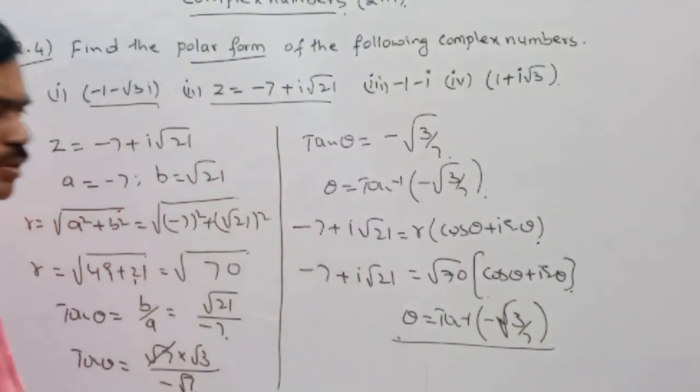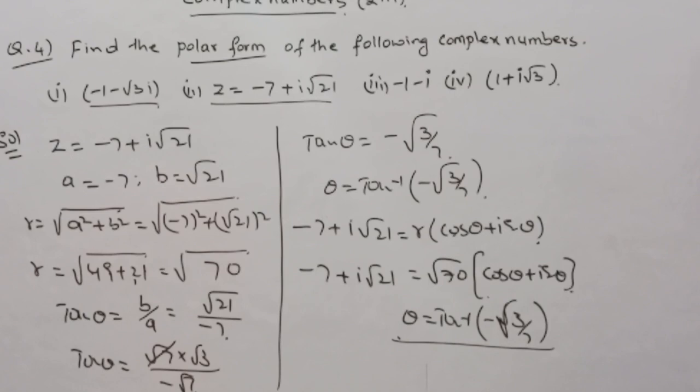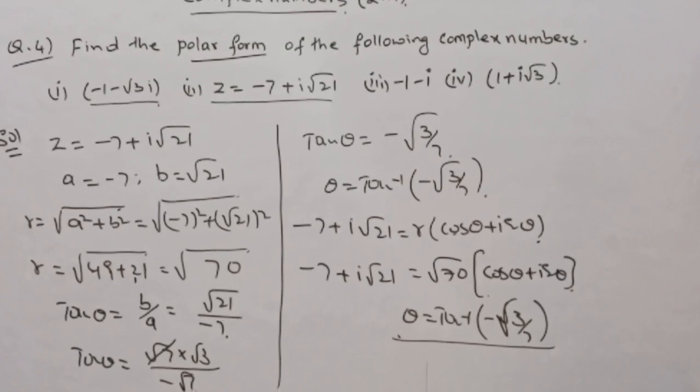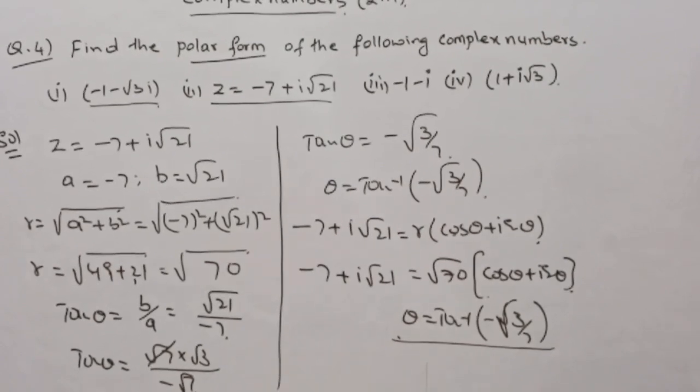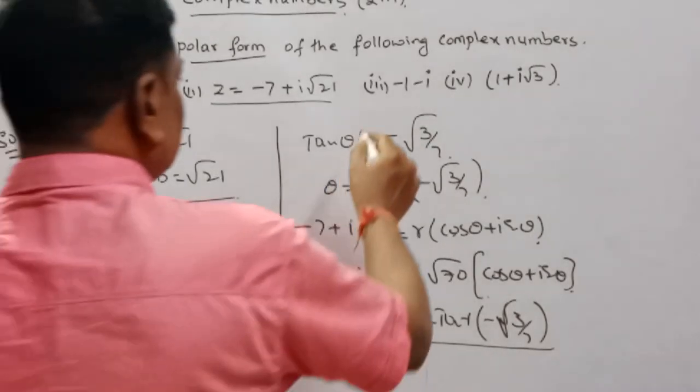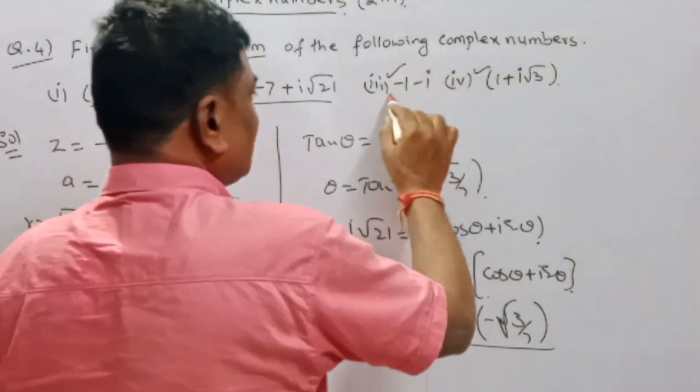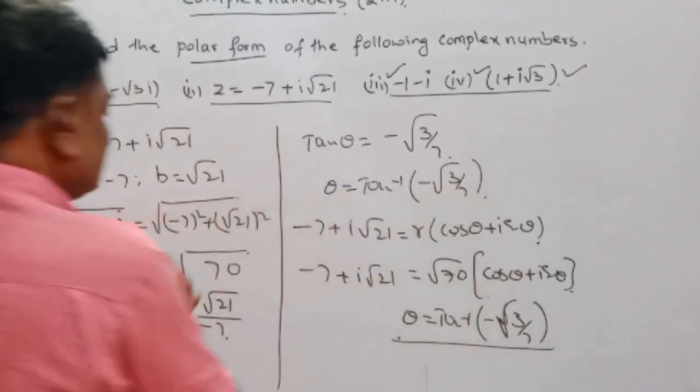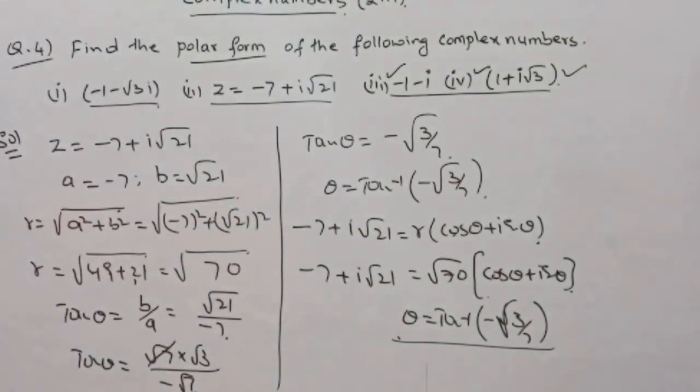So this is the polar form of the given complex number z is equal to minus 7 plus i root 21. Similarly, you can find the third and fourth problems similar to this problem.